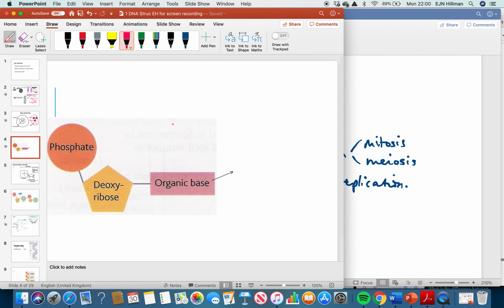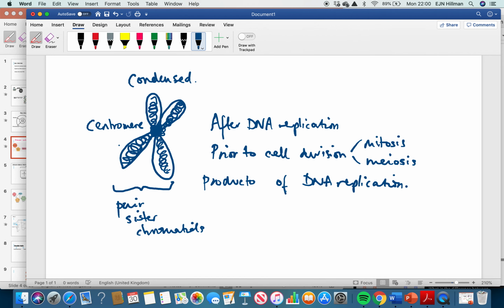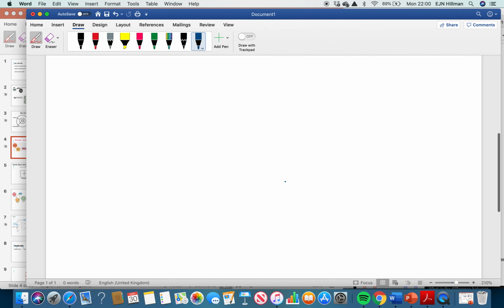So DNA itself is made up of these nucleotides. The nucleotide is the monomer, and it's comprised of three parts. So let's go have a look at the three parts of a nucleotide. Let's go for a rainbow colour.